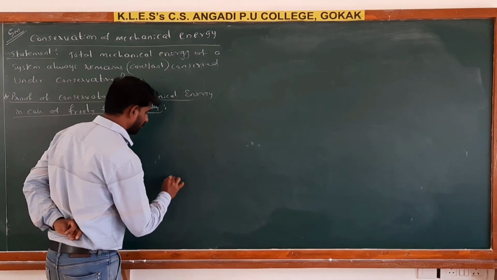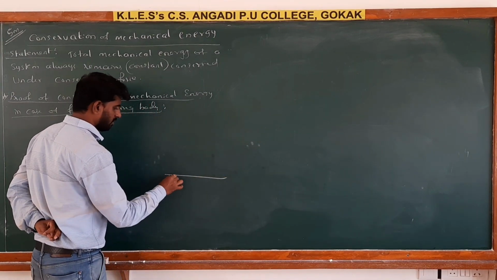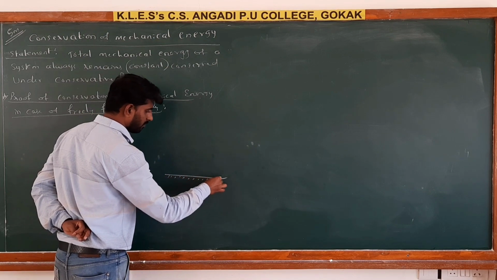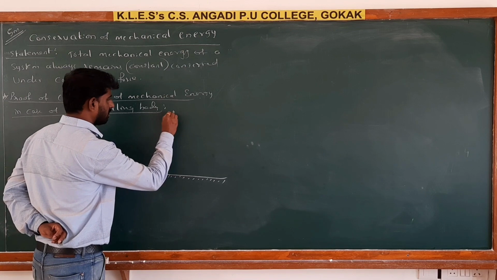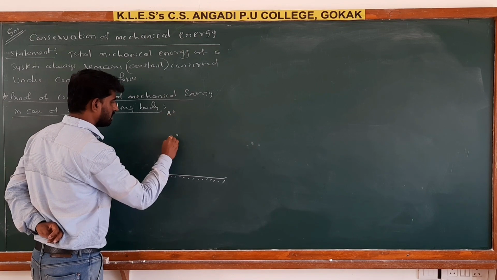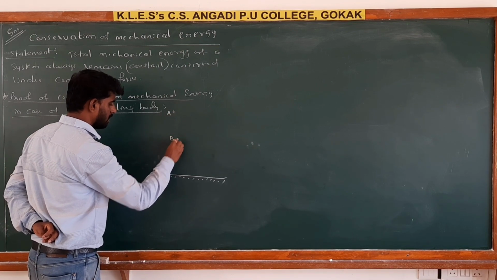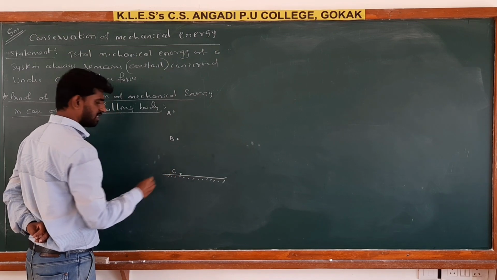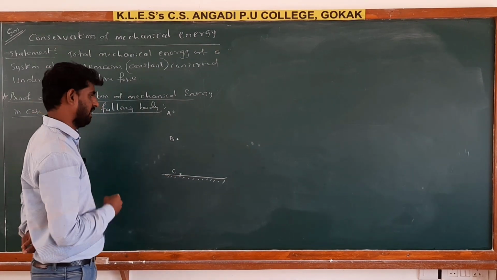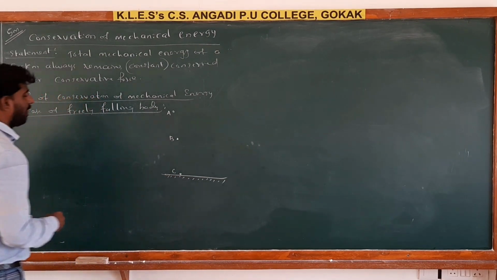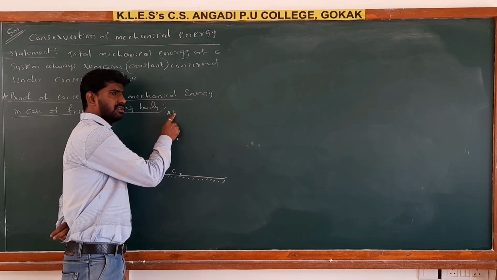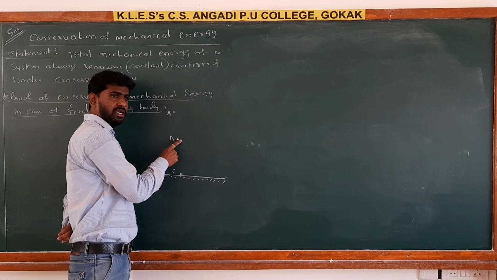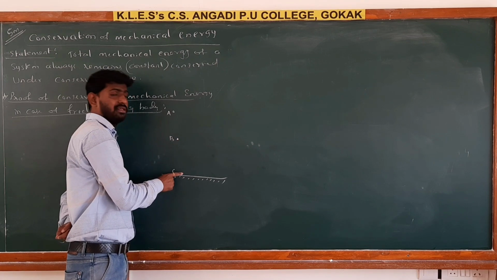This is our ground. Right? There are 3 positions. This is A position, this is B position, and finally on the ground this is C. So we have to see the total mechanical energy at point A separately and at point B separately, and at point C for the same body separately.